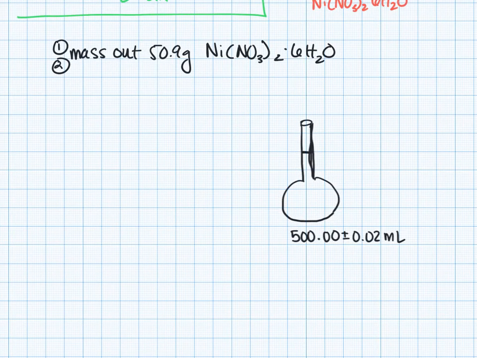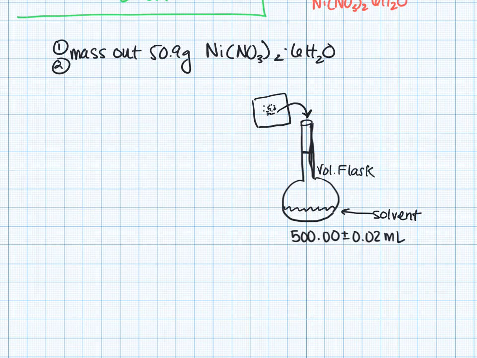So I'm going to transfer the solid, this is going to be my solid, into the volumetric flask, but I will add something. You should have some of the solvent already in your volumetric flask to dissolve the solid.